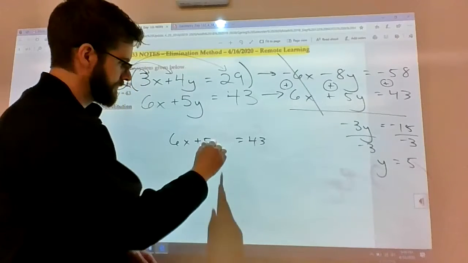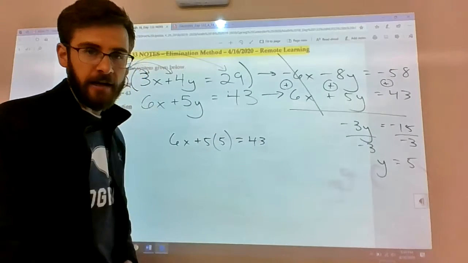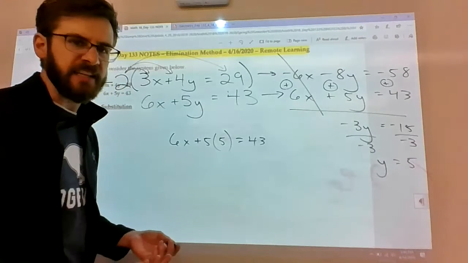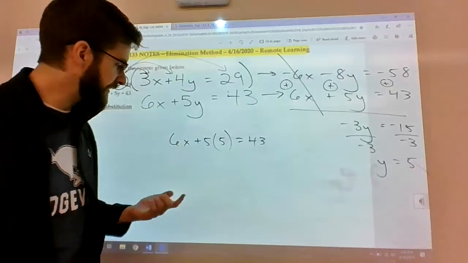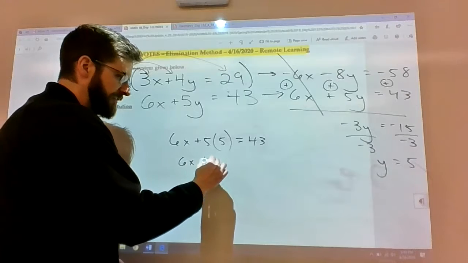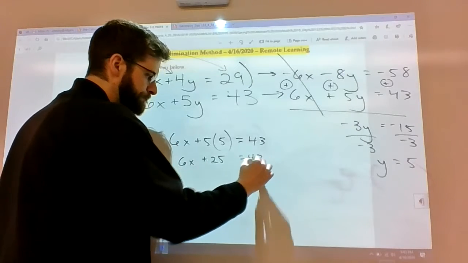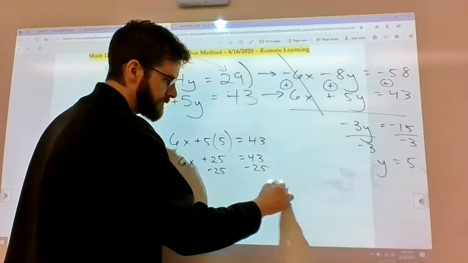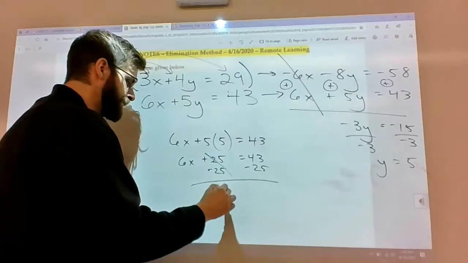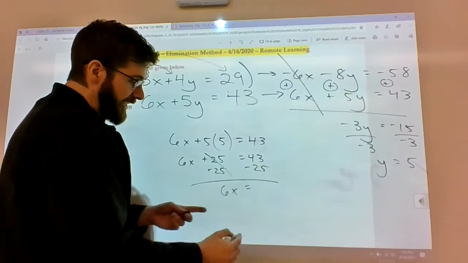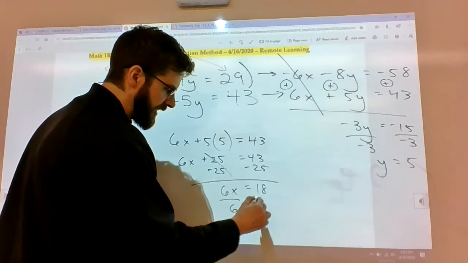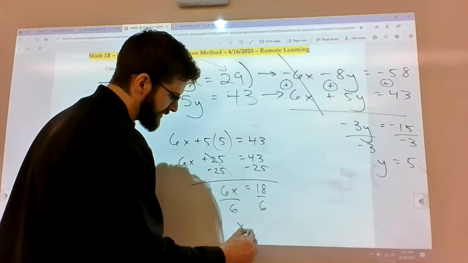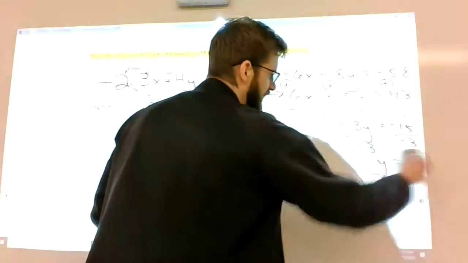Take the y out, put a 5 in there. And now I have an equation that is easily solvable. So take 5 times 5, 25. Move that constant to the right. Always opposite operations. That equals 18, and then divide by 6. X is 3. So we're going to get the same answer.